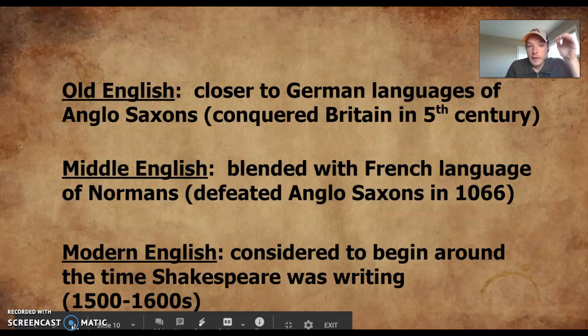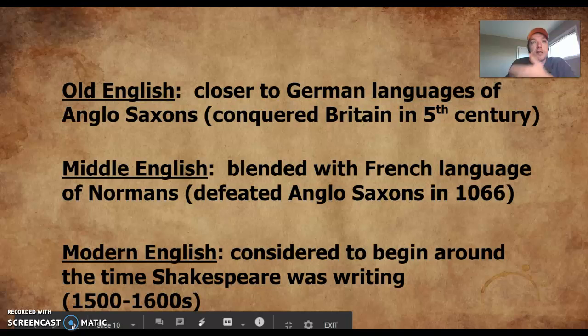In fact, Old English is more closely related to, or sounds or looks more like, German. And it's the language of the Anglo-Saxons. Middle English is blended with French, and then modern English is considered to begin around the time Shakespeare was actually writing.